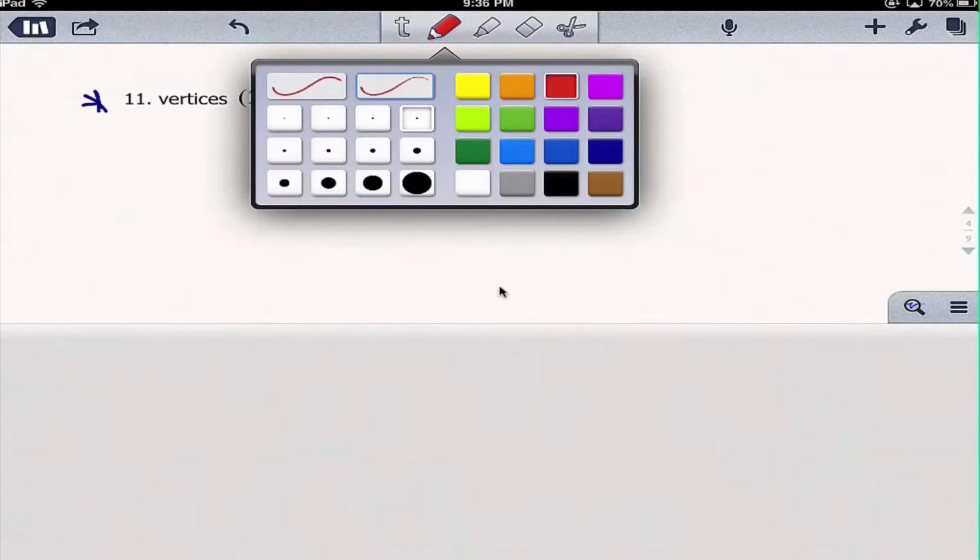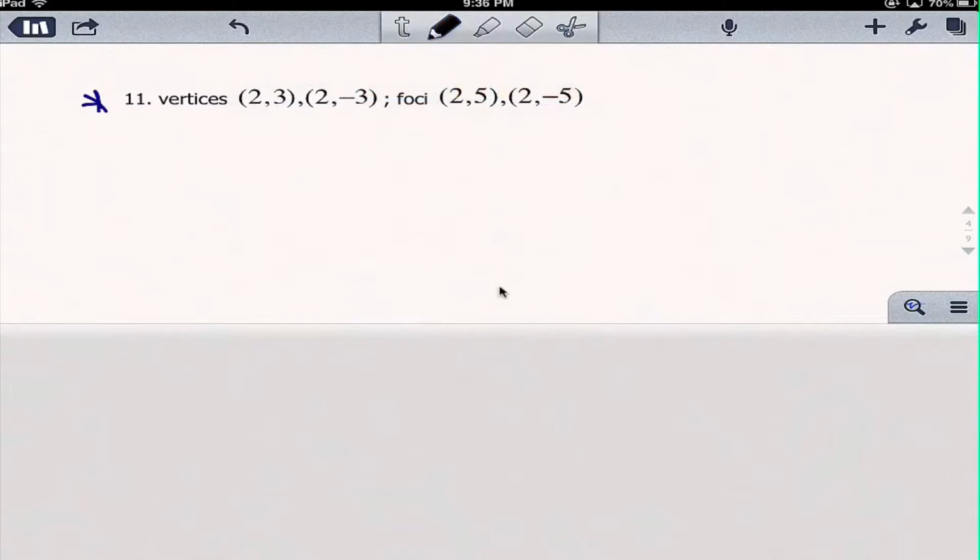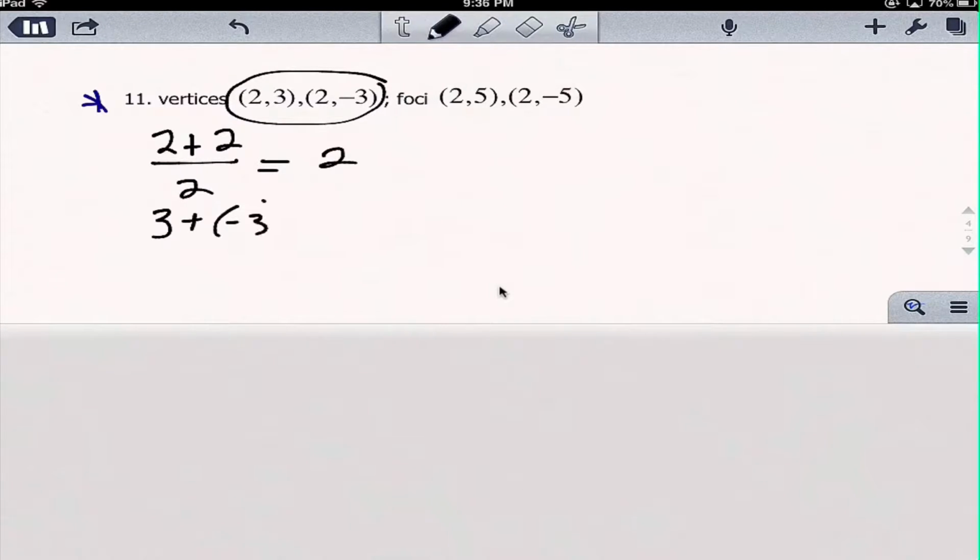Okay, with a hyperbola, it'll be something similar to number 11. The first thing I want to find is our center. This center is going to be the midpoint of these two values. So if I add these together, 2 plus 2 divided by 2 is 2. 3 plus negative 3 divided by 2 is 0.